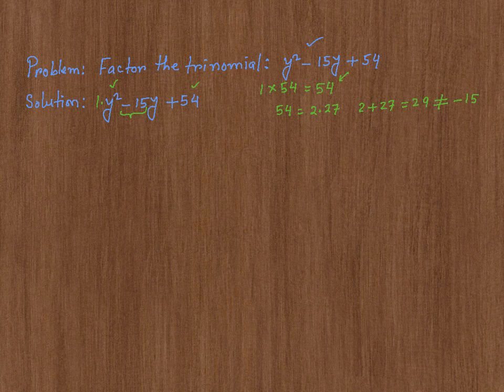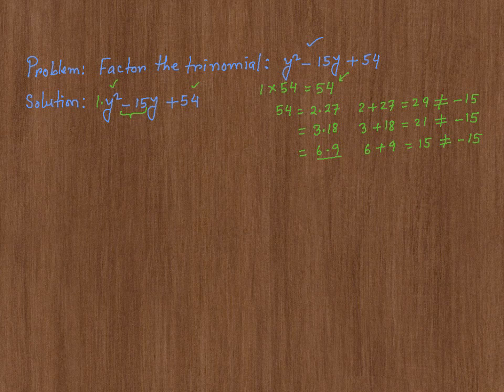Or we could say 54 is equal to 3 times 18, and 3 plus 18 is equal to 21, which is also not equal to negative 15. Or we could say 6 times 9, which is also 54, but 6 plus 9 is equal to 15. That's not equal to negative 15. We are getting closer.